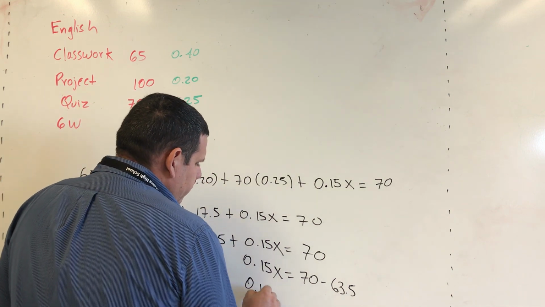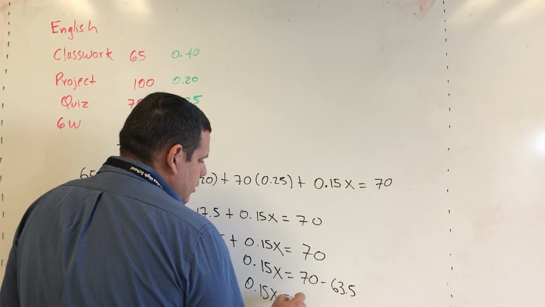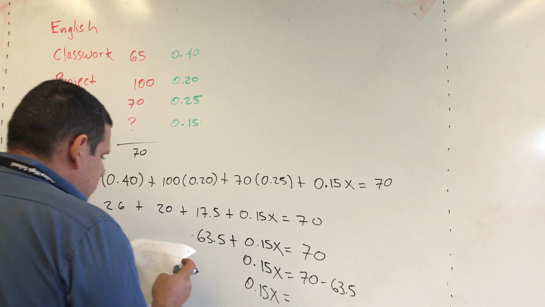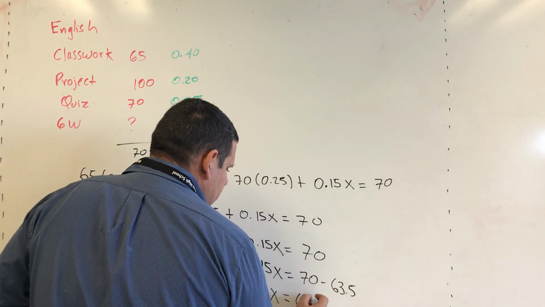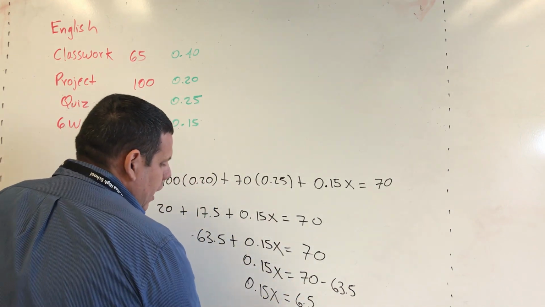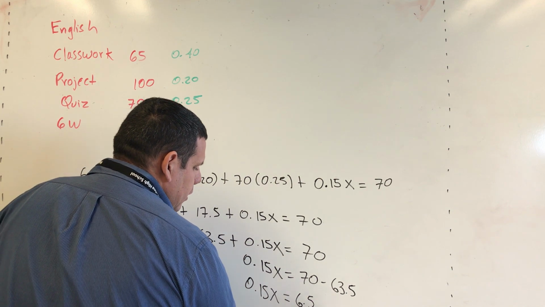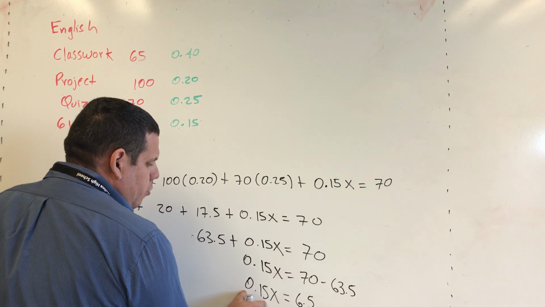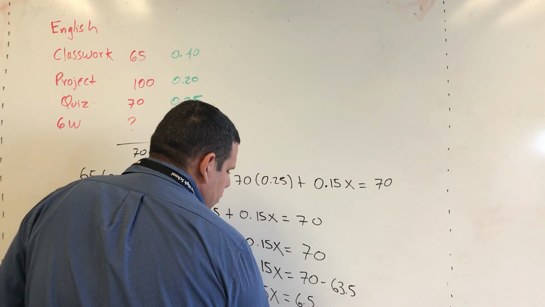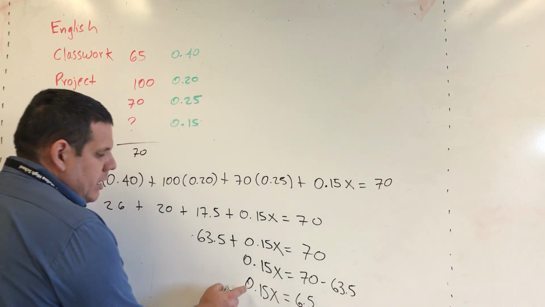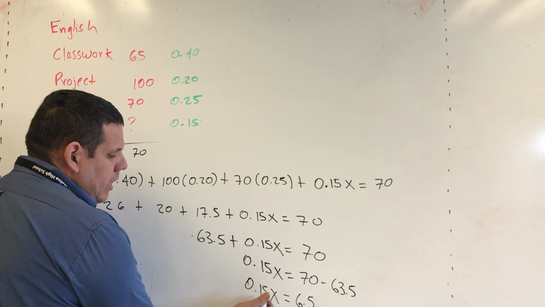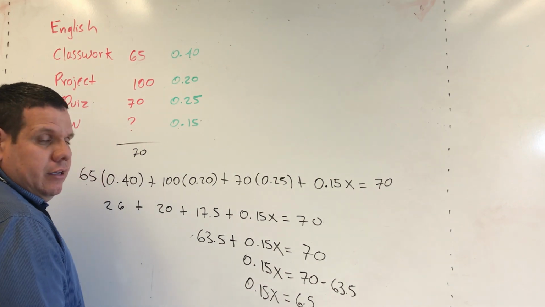So 0.15x equals 6.5. Okay, so x will be 6.5 divided by 0.15. As you can see, the 0.15 is multiplying the x, okay?